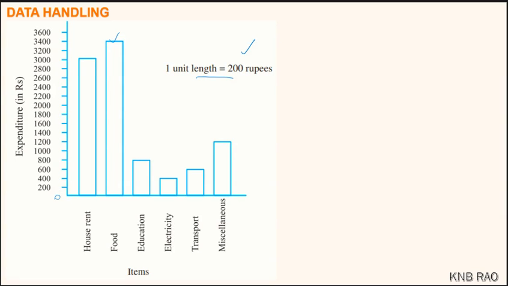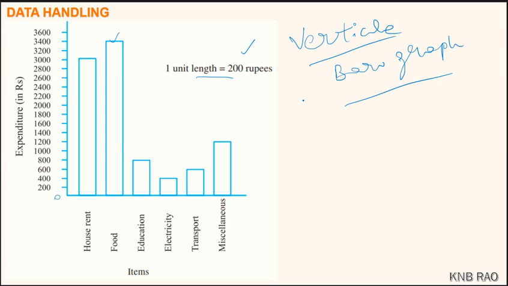In the previous one, what we discussed, these bars were parallel to the vertical axis. So, this is called a vertical bar graph. We have already discussed both vertical bar graph and horizontal bar graph in an earlier session while reading or interpreting bar graphs.